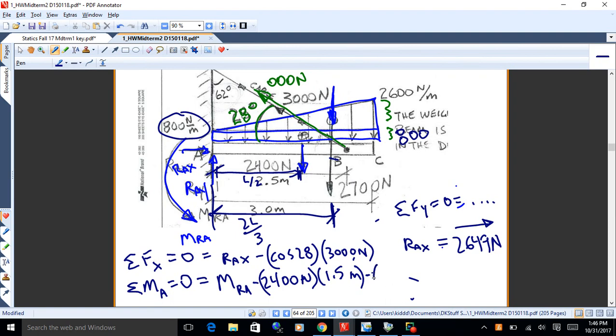So we're going to have another one that's negative, and then we're going to have yet another one too that's negative.